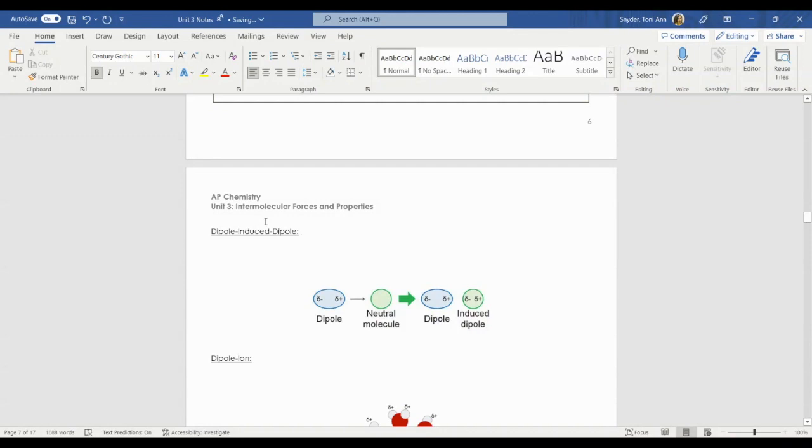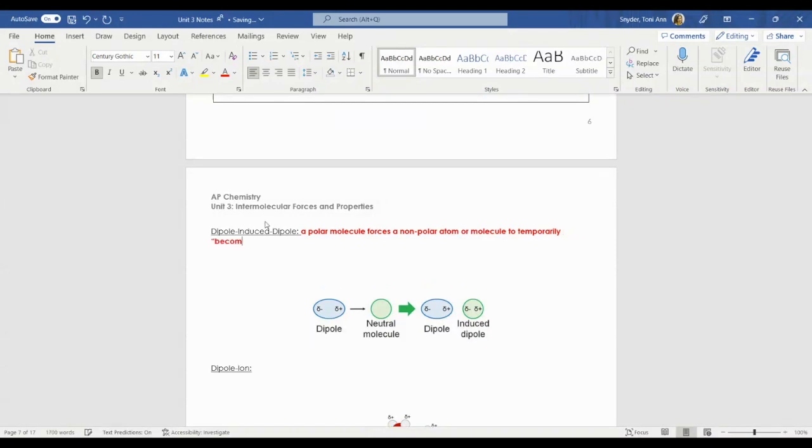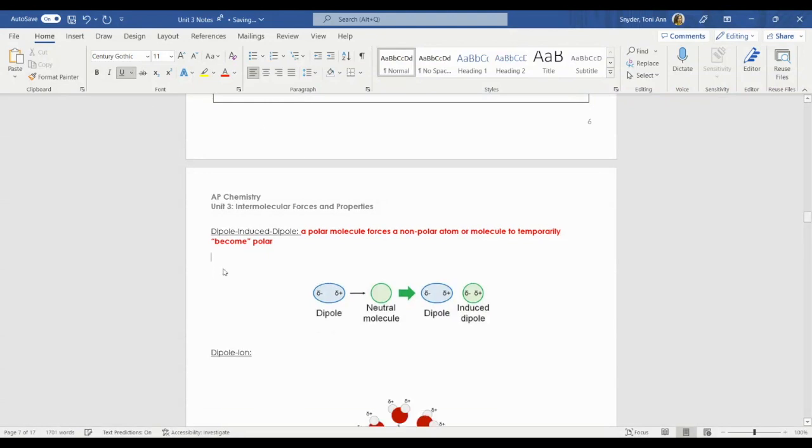Dipole-induced dipole is when a polar molecule forces a non-polar atom or molecule to temporarily become, and it's not technically becoming, I'll put become in parentheses, polar. A great example of this is when I have Italian salad dressing.